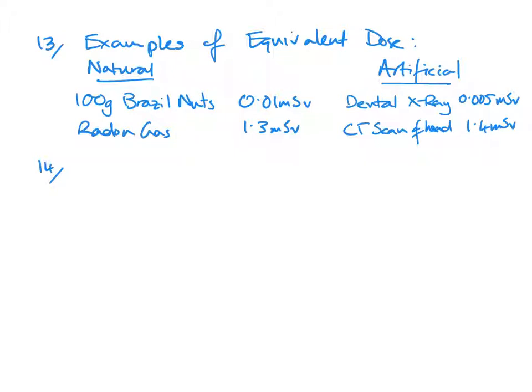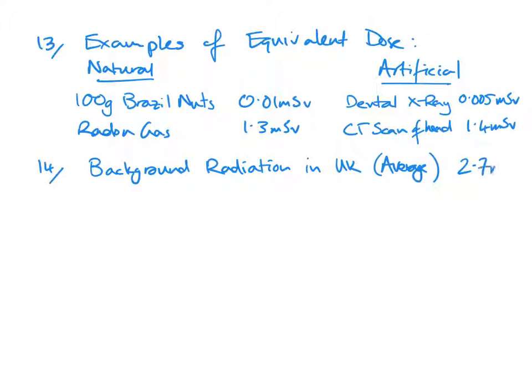For learning outcome 14, then these are the values which you need to memorize, right? And that is average background radiation in the UK. And that is 2.7 millisieverts.